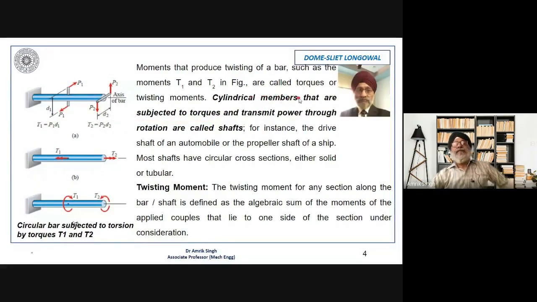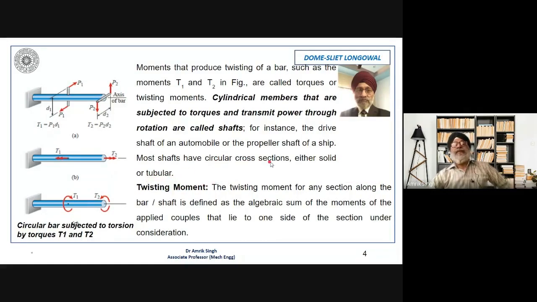The cylindrical members which are subjected to torque and transmit power by rotation are called shafts. For instance, the drive shaft of an automobile or the propeller shaft of a ship, and most shafts have a circular cross section. It may be solid or it may be tubular.